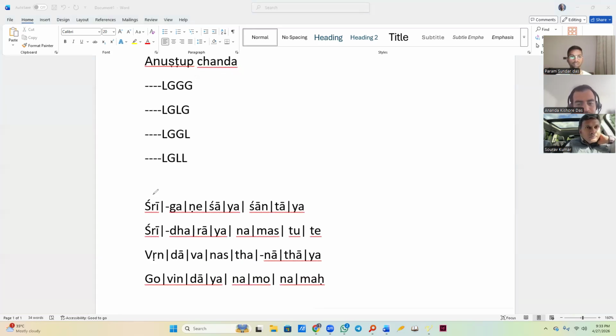So Shri is long. Ga is short. Now let's make some symbol. For long, I will make a vertical line. For short, a horizontal line.